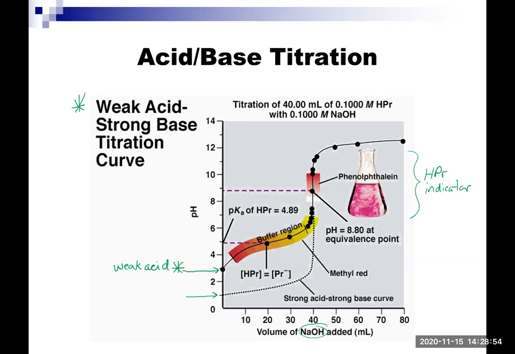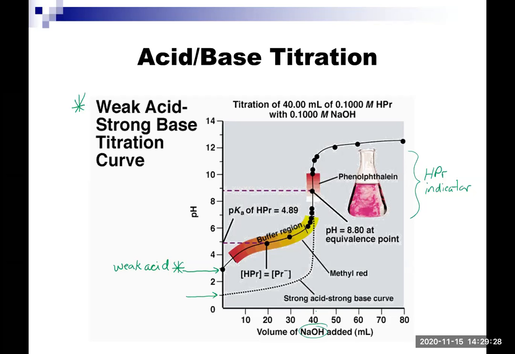Notice that the weak acid forms this buffer region as soon as we start to add sodium hydroxide. So we add 10 mLs of sodium hydroxide, 20 mLs of sodium hydroxide, and we see this buffer region where we have resistance in the change of pH. So we're sitting at a pH that's around 4 to 6 and resisting any changes, even though we add 20, 30, 35.